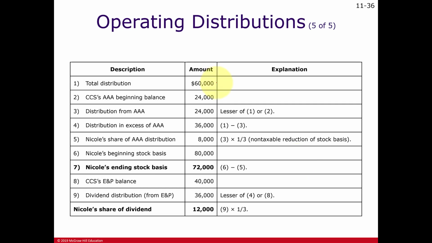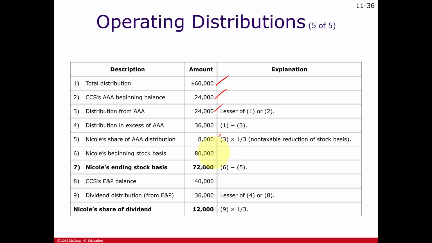So here's the total being distributed to all three shareholders. Here's the amount in the corporation's AAA account. So the amount of AAA being used up is the lesser of 1 and 2, or all of the $24,000 is being used up. This is tax-free. So $8,000 of that $24,000 is a tax-free distribution to Nicole.